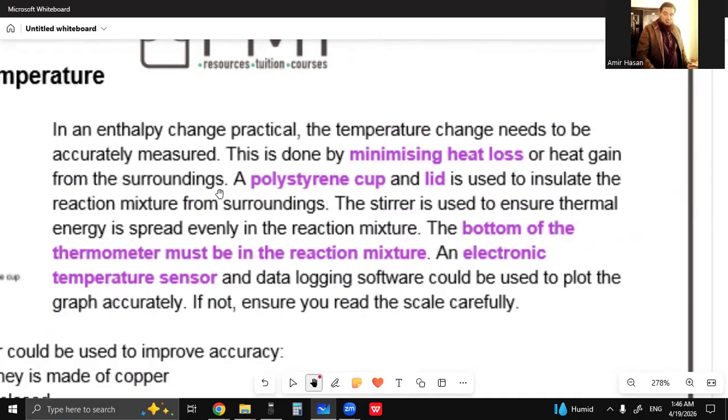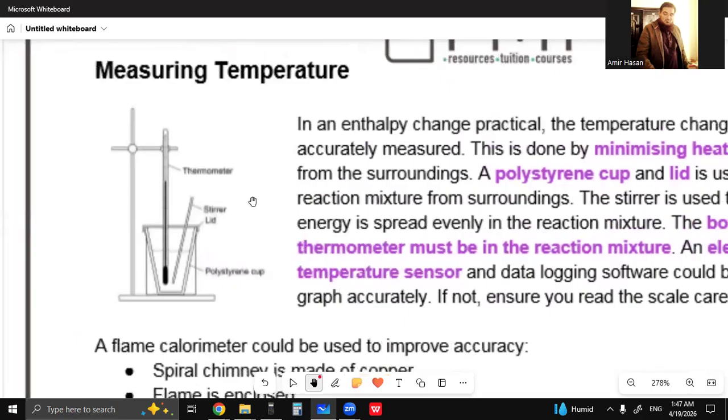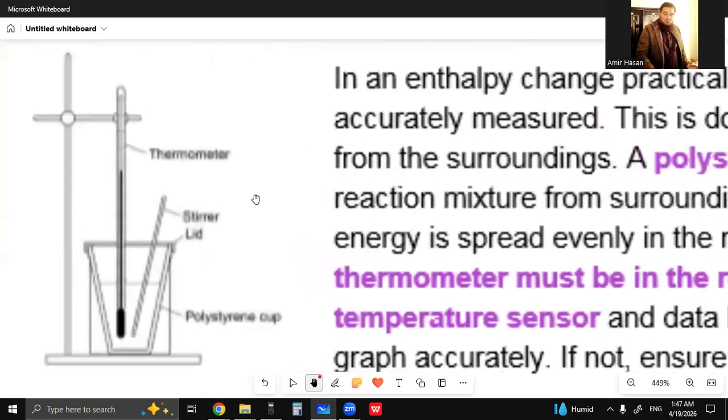When we check the heat loss and heat gain according to the surroundings, this can be checked with the help of temperature.